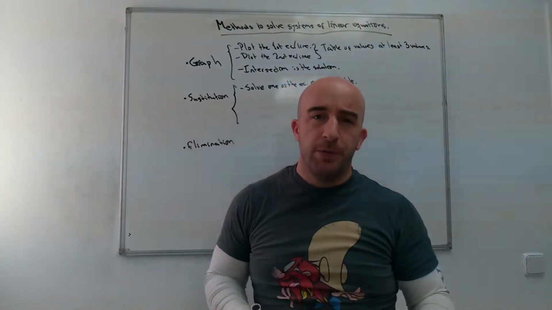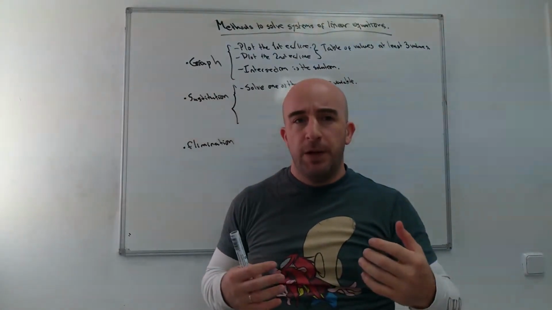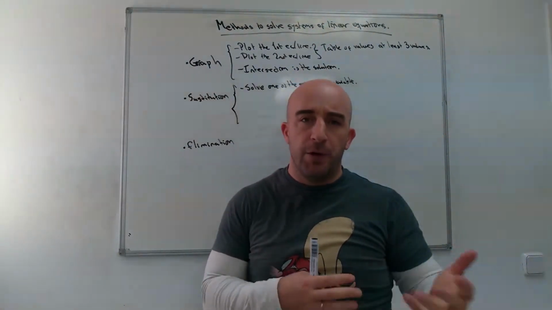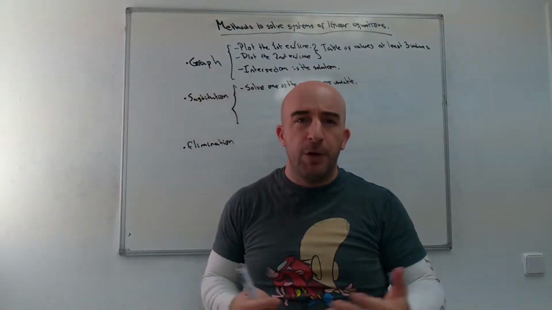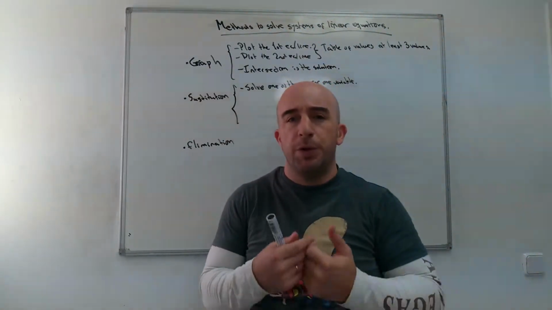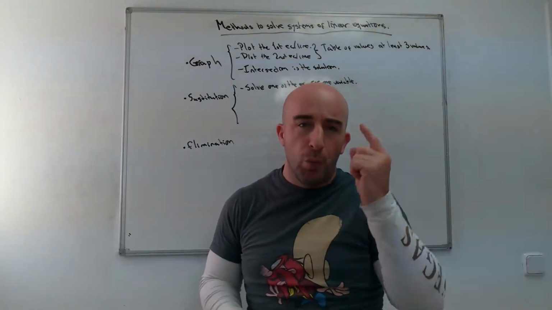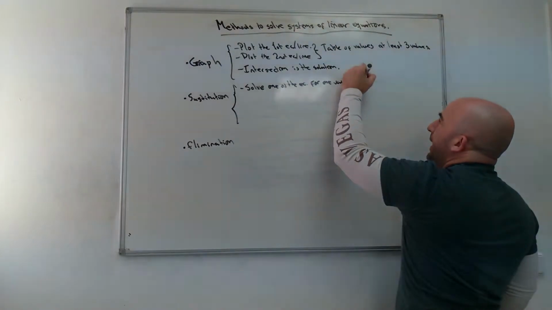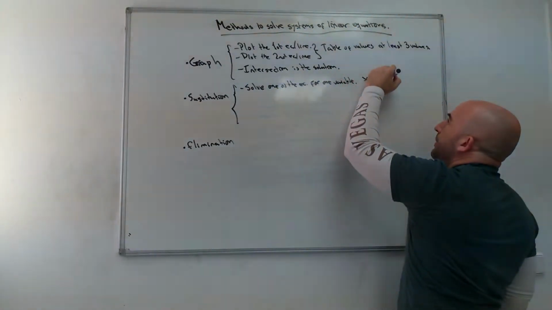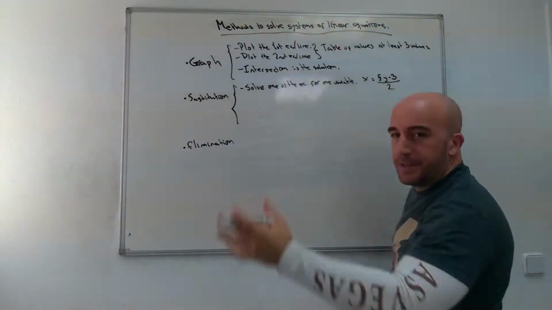The easiest one. For example, if you have on one of the equations the x without a coefficient, use that one. If not, use the easiest one or the one you prefer most. So you solve one of the equations for one variable, and that should leave you something like x equals (5y minus 3) divided by 2, for example.